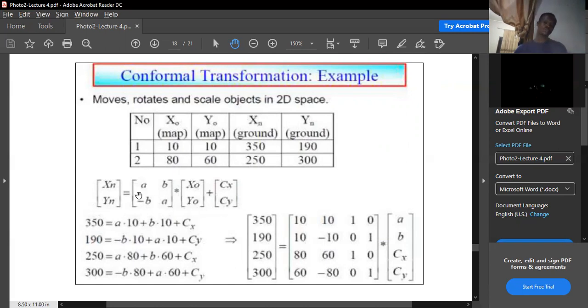Okay, so here how many controls? We have 2 coordinates, 2 objects. The first one is 1, the second one is 2, and then on the map, these are the coordinates on the ground. We form 4 coordinate equations, and then now we have a square matrix, a 4 by 4 matrix.